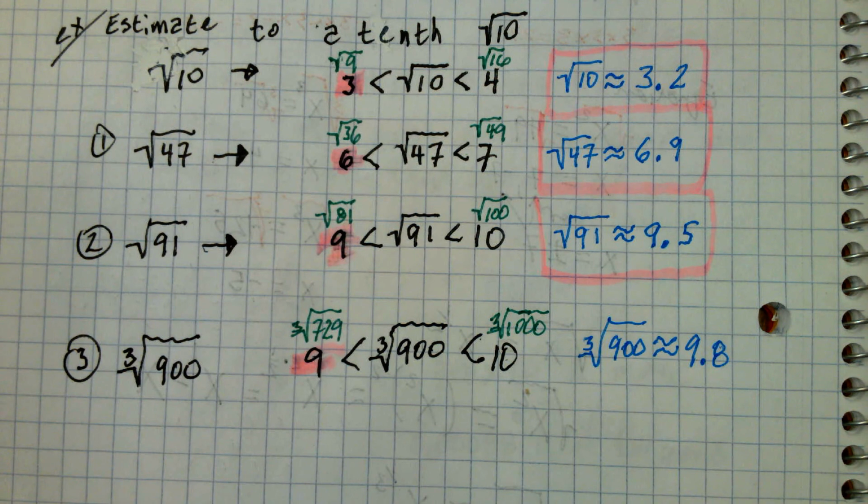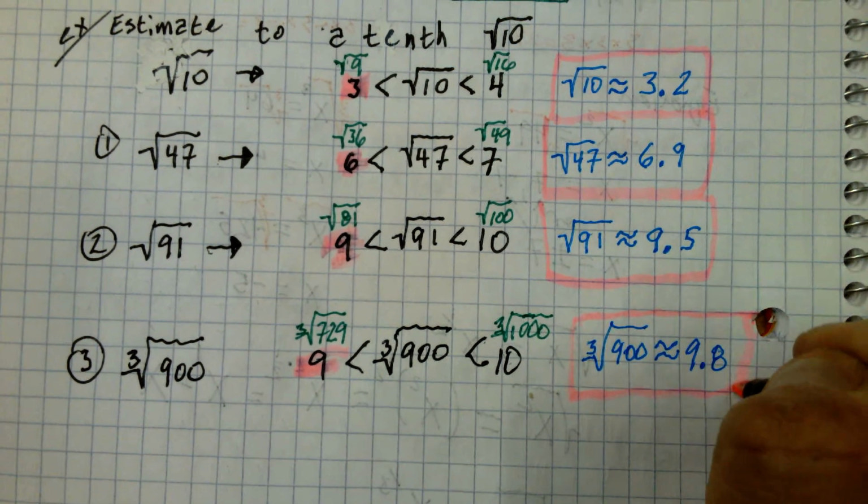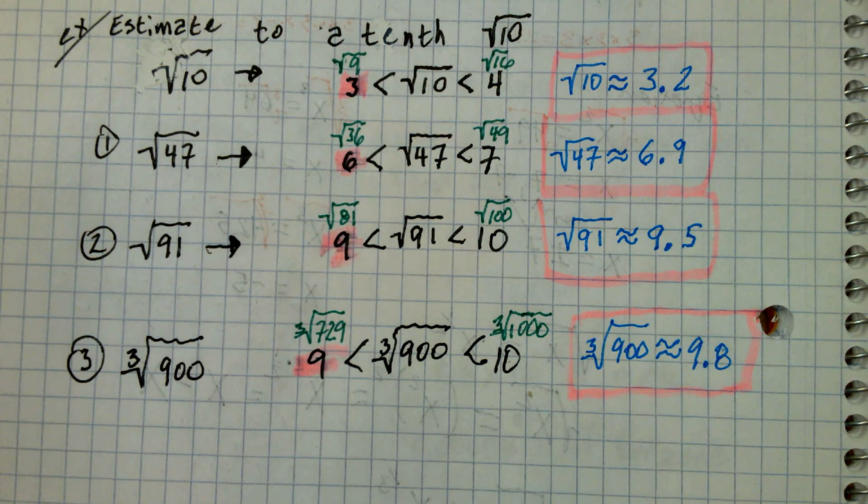Let me do it over here. 9.6. Yeah, 9.7 really if we round it. It's 9.7 if we round it. So we're still pretty close. It's a little harder with these. Okay, last one.